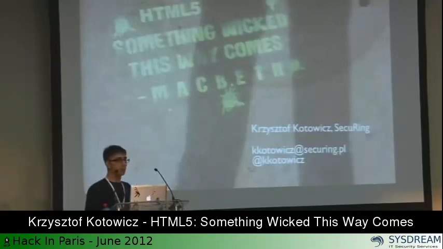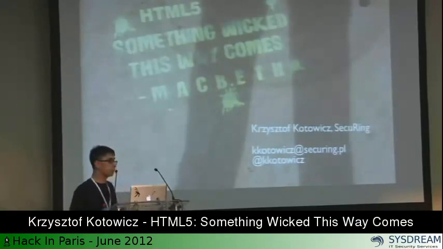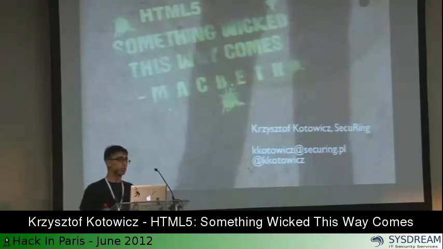HTML5, as you probably know, introduces many new elements that allow developers to construct much more responsive, much more feature-rich applications. But at the same time, attackers have the same possibilities.